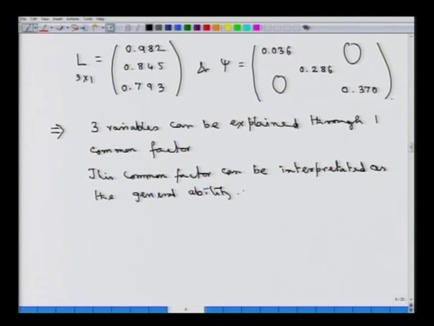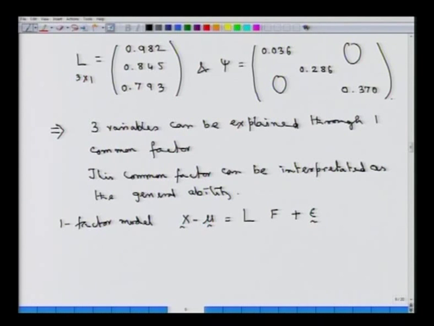Now, that of course is an unobservable factor as such, and the resultant one factor model would be x minus mu equal to this L vector here, multiplied by this common factor, plus epsilon.